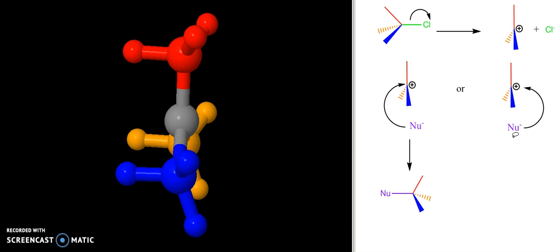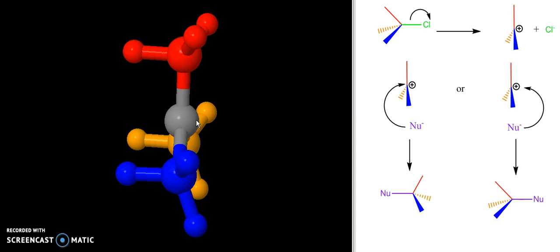On the other hand, if the nucleophile attacks from the other side, my product has the nucleophile projected to the other side as shown here when my sp3 tetrahedral shape returns.